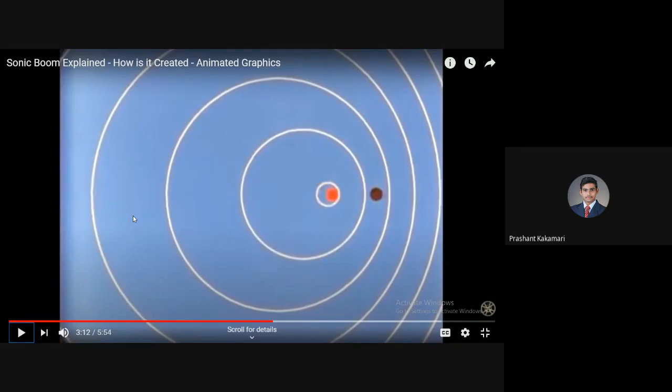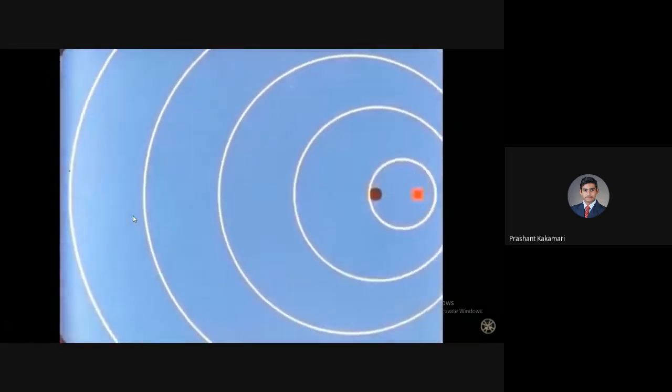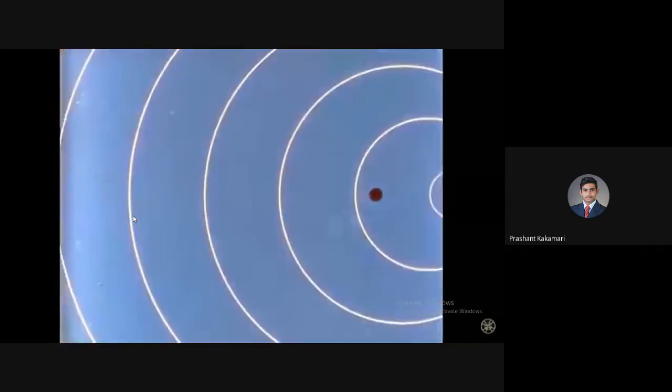That's why the wavelength is larger after the body crosses the observer, and before the body comes to the observer, the wavelengths are very short. He can hear the sound continuously when the object is coming near to the observer. Once the body leaves the observer, the sound will be heard later. It's like a helicopter.